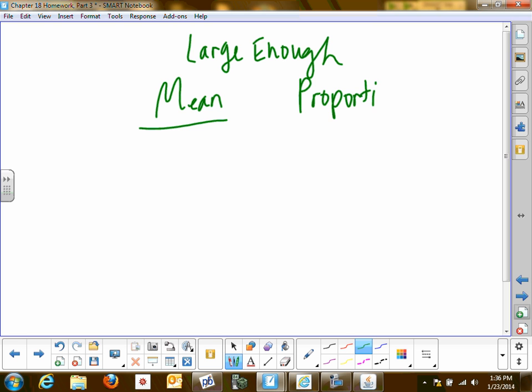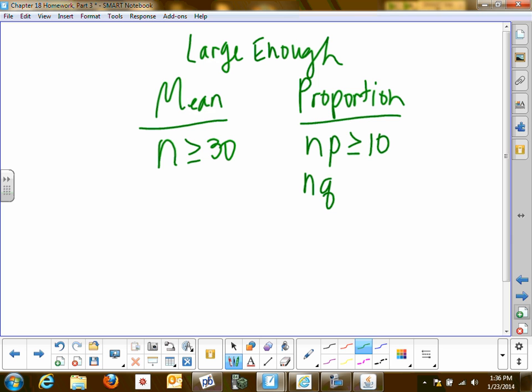If you are a mean problem, then your large enough is greater than or equal to 30. But if you are a proportion problem, which is what this is, because it's talking about percentages of students, then it's at least 10 successes and at least 10 failures. So large enough for proportions is NP and NQ are greater than or equal to 10. That's what we're doing here. So get that straight. Large enough is mean or proportion dependent.